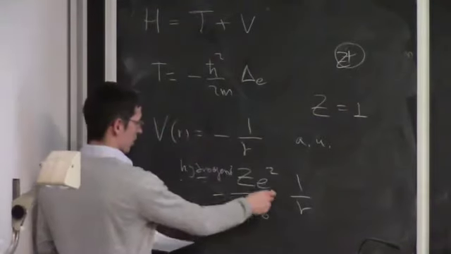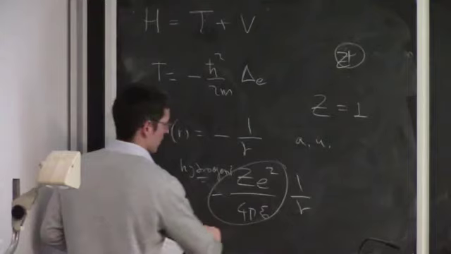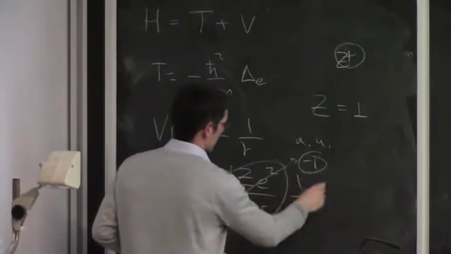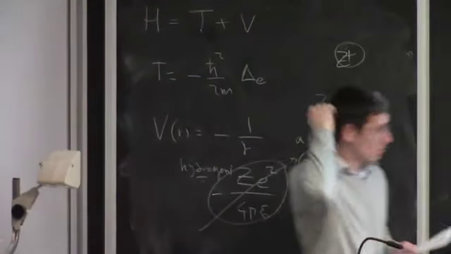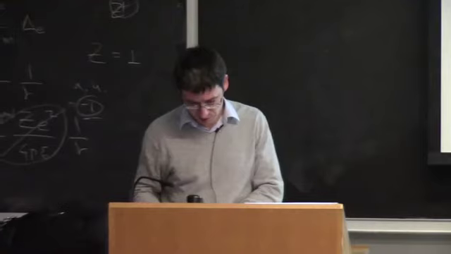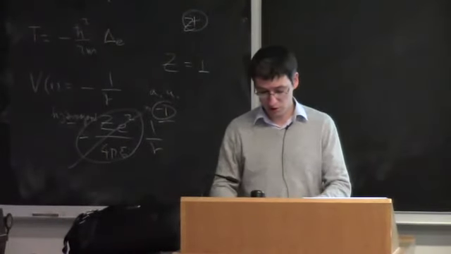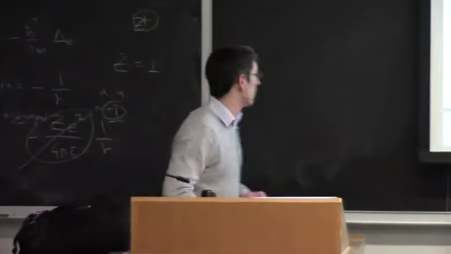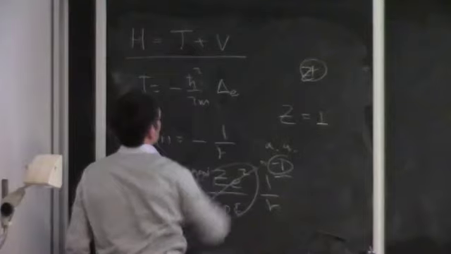So essentially all that becomes just minus 1 in atomic units. Okay? Just the simplest units for atoms, molecules, and in general in quantum mechanics. So this is our Hamiltonian, right?